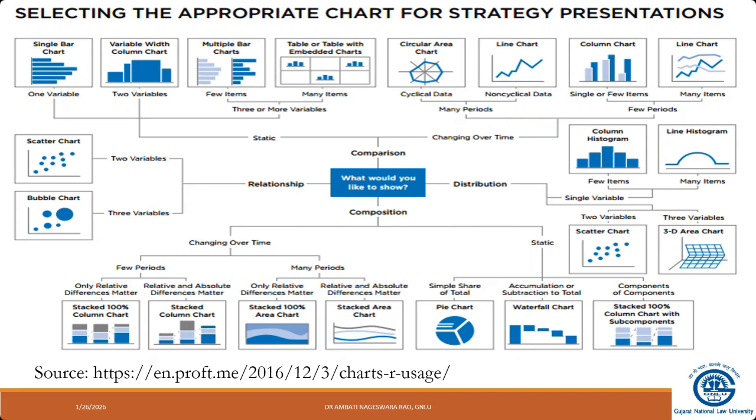If you want to see the composition, I can go with the pie chart. If you want to see the distribution, you can use histograms, like column histograms. If you want to see, for example, employee annual expenses, annual income. Imagine that there are so many faculty members, professors here. Now, if you want to see your annual income and annual expenses, there are 2 quantitative variables.